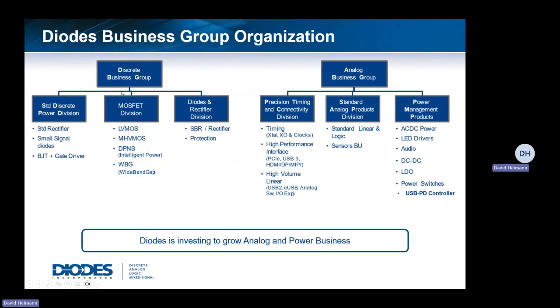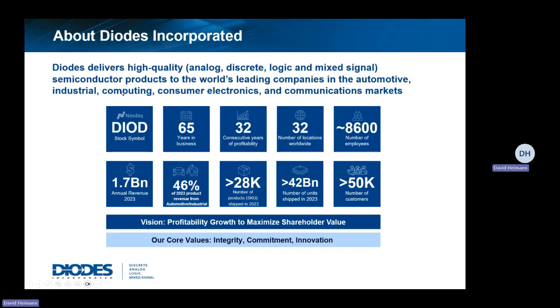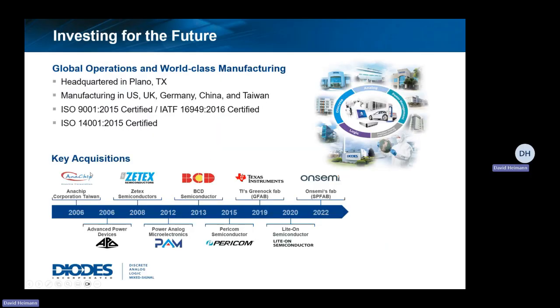We have a broad portfolio. We've been in business since 1959, so we've been in business for 66 years now. We have, how shall I say, thousands of employees across the globe. We have semiconductor fabs on multiple continents: in the US, the UK, and Asia.